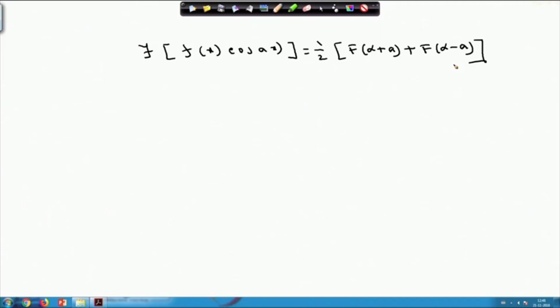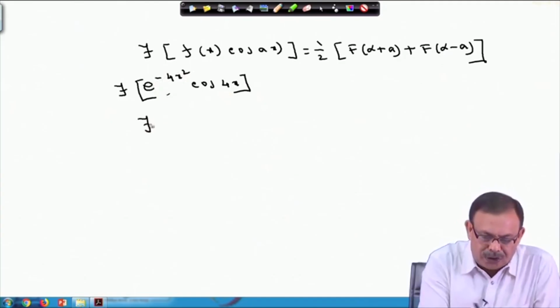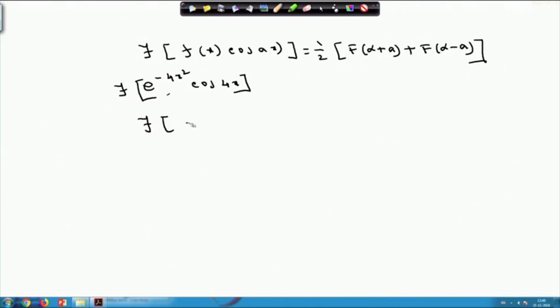So, now again, what is the problem? I have to find the Fourier transform of e power minus 4x square into cos of 4x. So, your f(x) can be e power minus 4x square, and cos 4x is there. If you see, I know the Fourier transform of e power minus a square x square.